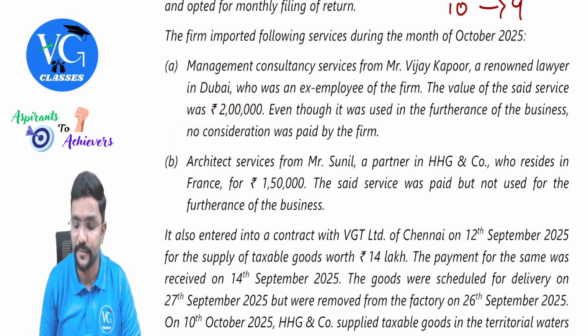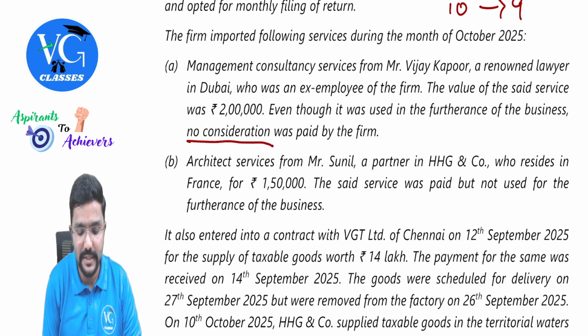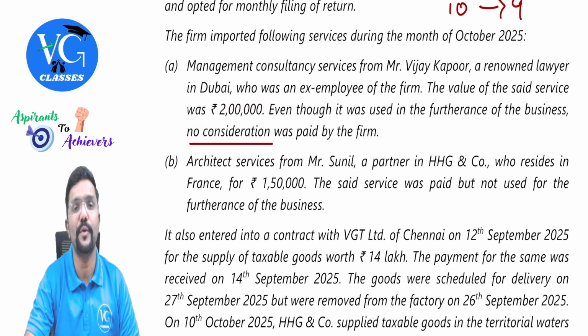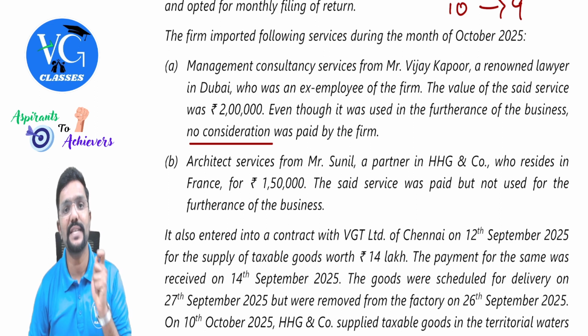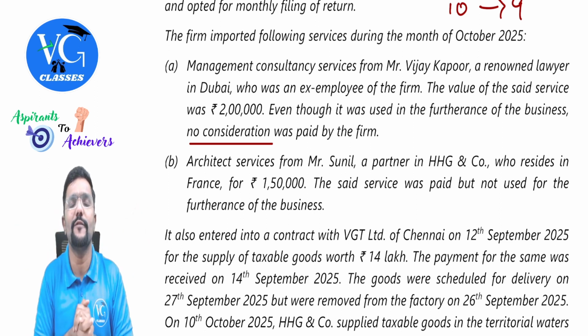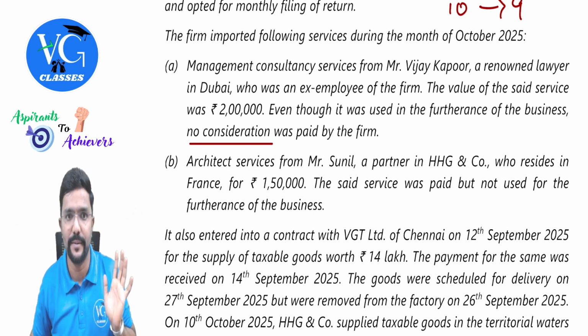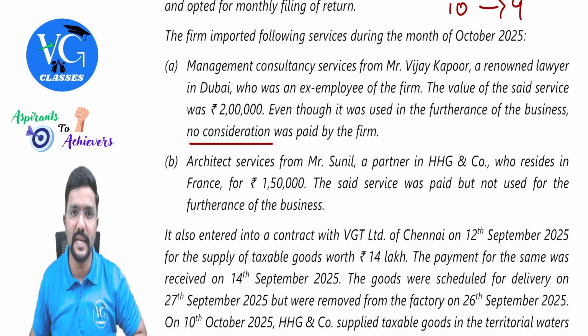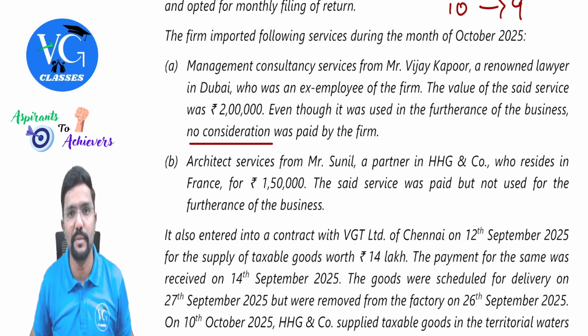Guys, important point. I will just tell you both the points with respect to import of services. As per Section 7(1)(b), import of service for a consideration, whether or not in the course or furtherance of business, is a supply. But here consideration is missing, so it is not a supply as per 7(1)(b).